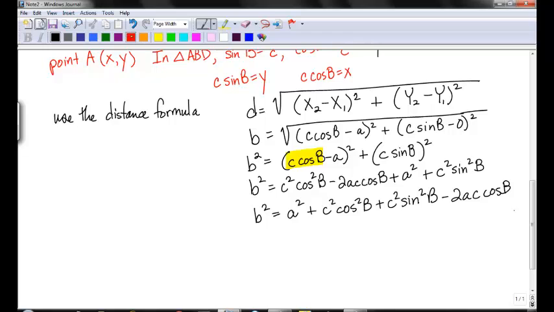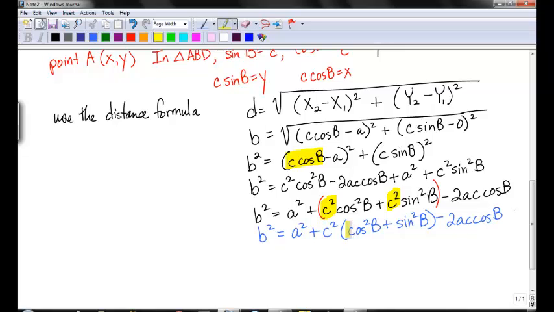Now look at these two terms. What's in common in those two? C squared, right? There's a c squared here and a c squared here. Factor that out. So b squared equals a squared plus c squared, and what's left is cosine squared b plus sine squared b, minus 2ac cosine of b.